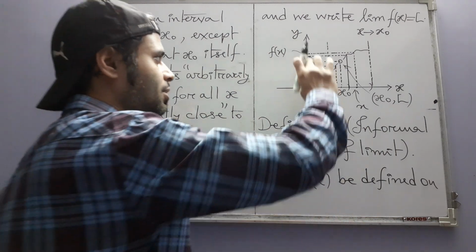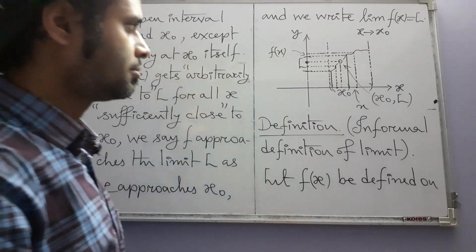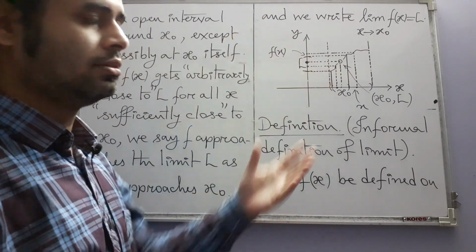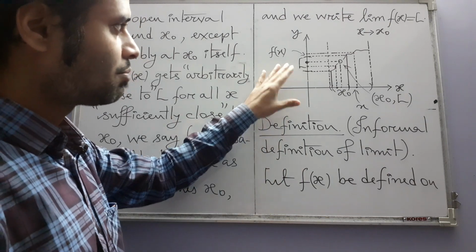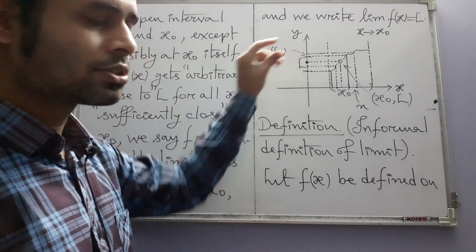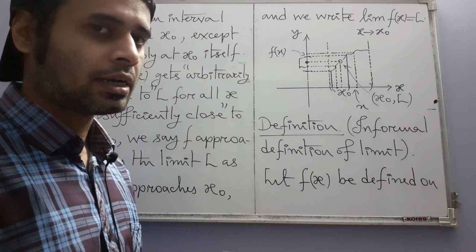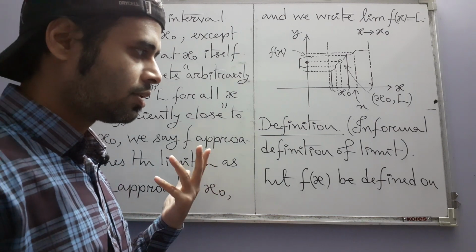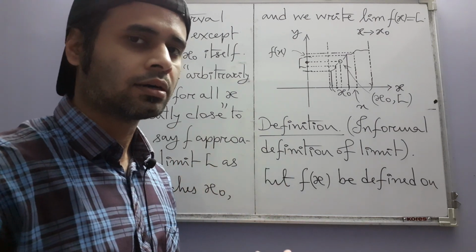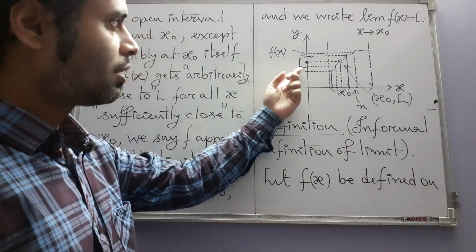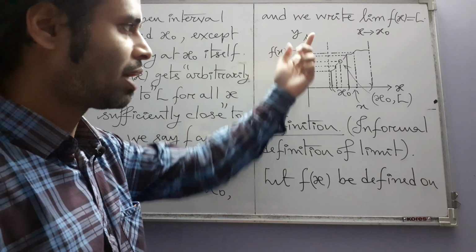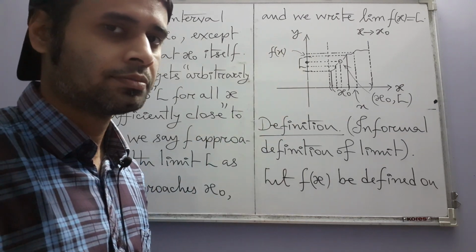For example, if I choose this interval and say this is close to L for me, someone else may choose an even smaller interval and say that, for him or her, close to L means that. They will not recognize my close as close enough.